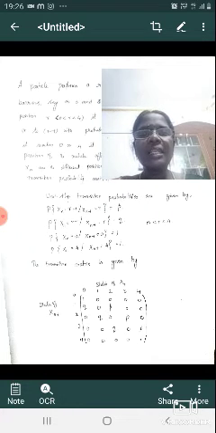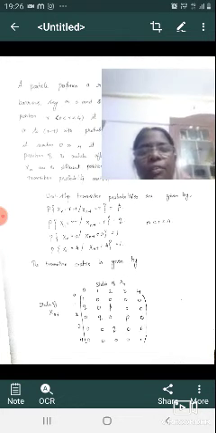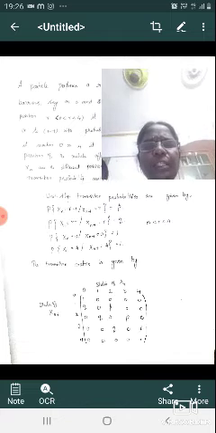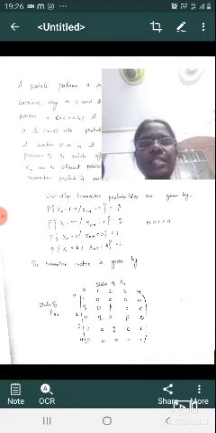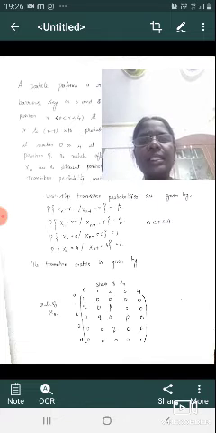When the particle is from 0 to 0, the probability is 1, and similarly if it is at 4 to 4, the probability is 1. By using these 4 transition probabilities, we can form the transition matrix.